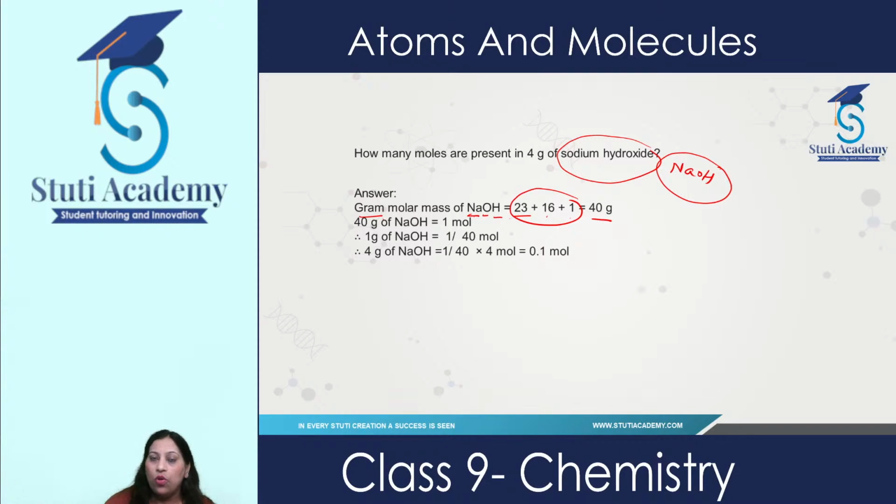We need to find how many moles are present in 4 gram of sodium hydroxide. 40 gram of sodium hydroxide is equivalent to 1 mole, as I told you earlier. Therefore 1 gram of NaOH is equivalent to 1 upon 40 mole. For 4 gram, simply 1 upon 40 into 4, and we get 0.1 mole. That's simple.